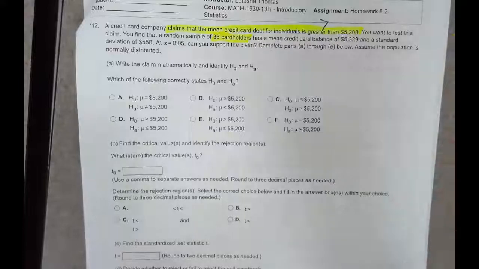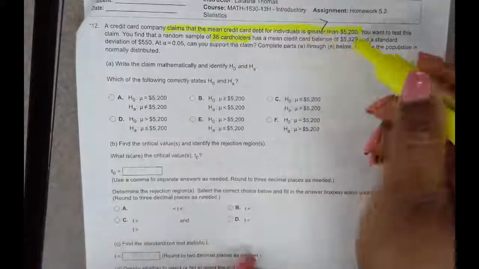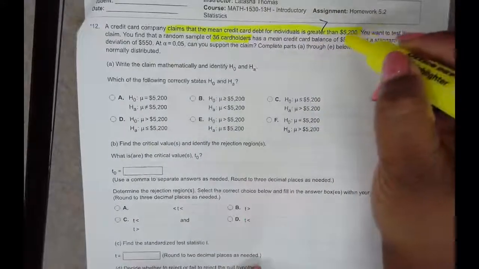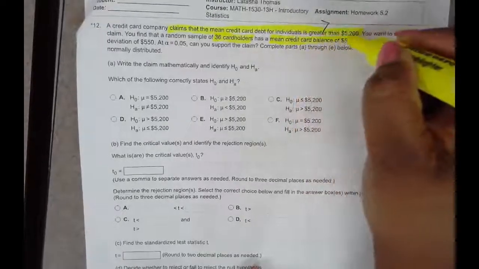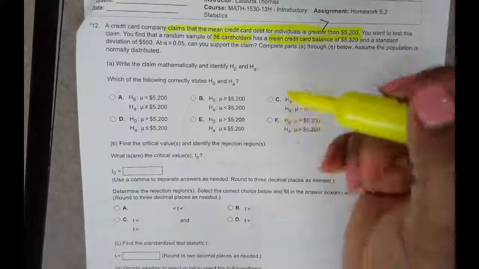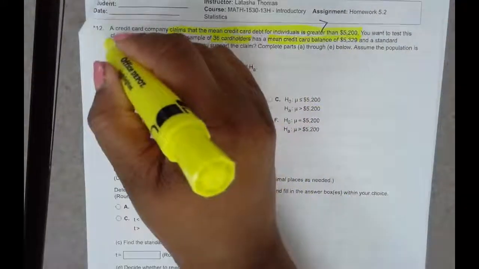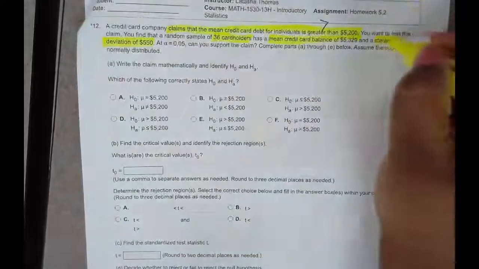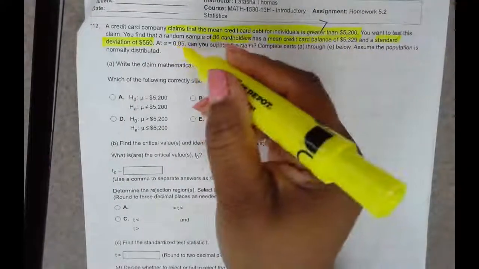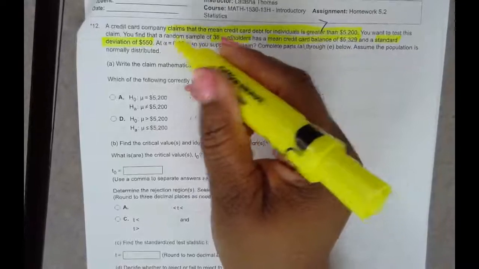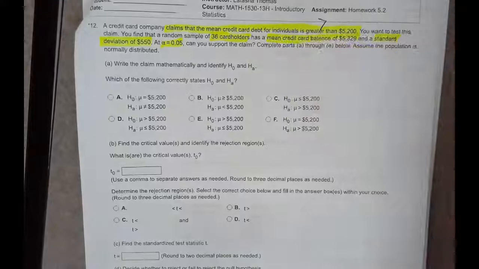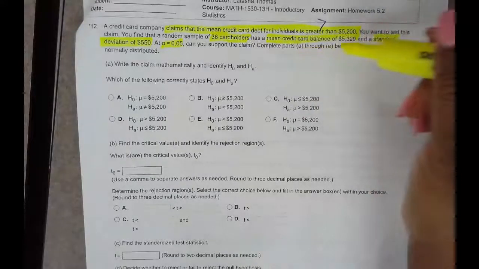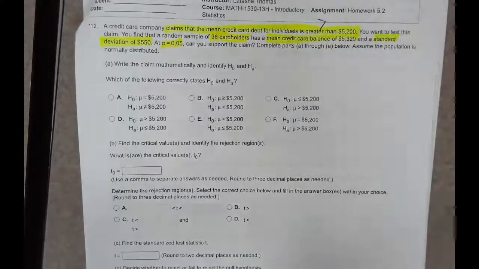There's our sample size. It has a mean credit balance of 5,329. There's our sample mean. And a standard deviation of 550. There's our sample standard deviation. At the 5%, or 0.05, level of significance, can you support the claim? Complete parts A through E. Assume the population is normally distributed.